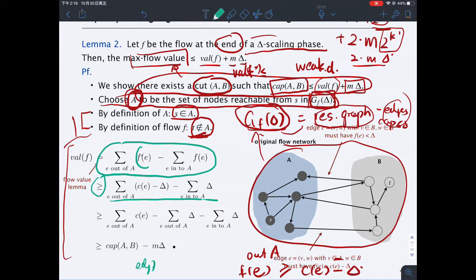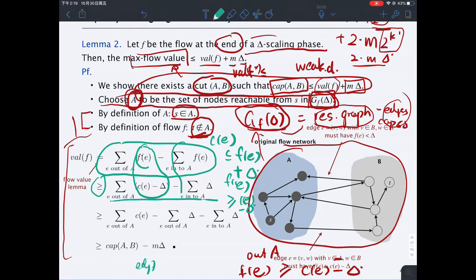Just now we showed that C(e) is going to be less than or equal to F(e) plus delta, right? So this implies F(e) is going to be greater than or equal to C(e) minus delta. If I look at each component, F(e) is greater than or equal to C(e) minus delta.